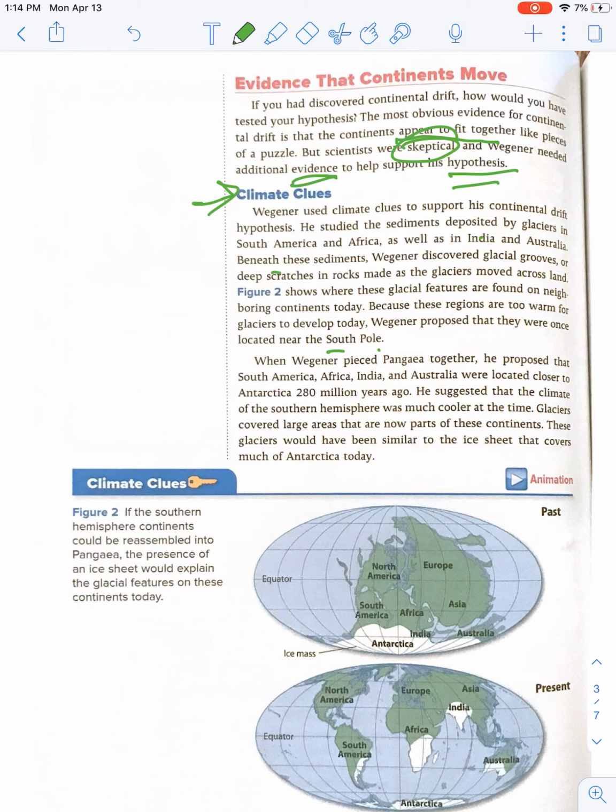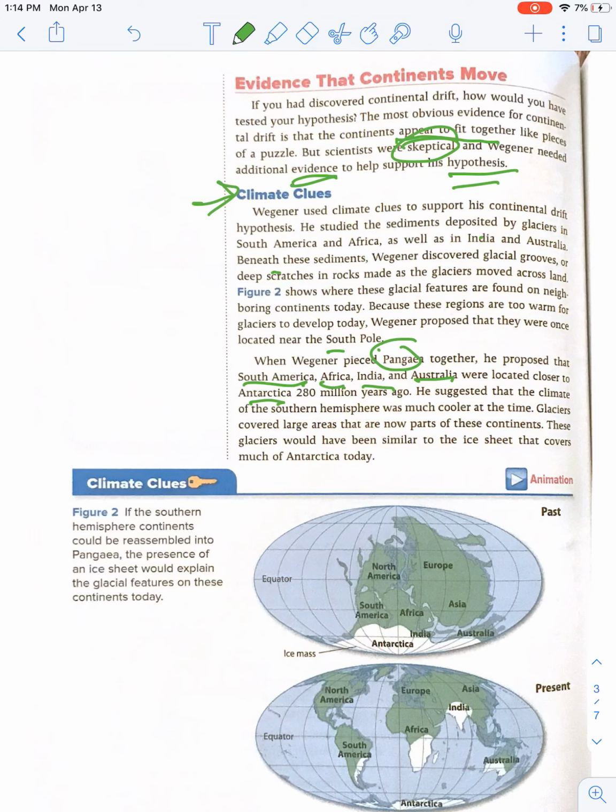When Wegener pieced Pangaea together, he proposed that South America, Africa, India, and Australia were located closer to Antarctica 280 million years ago. He suggested that the climate of the southern hemisphere was much cooler at that time. Glaciers covered large areas that are now parts of these continents.